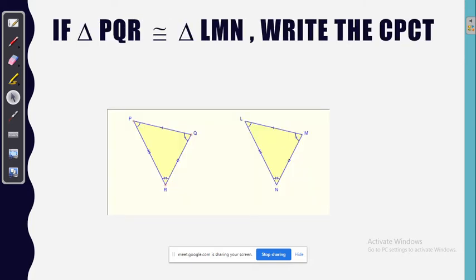Now, the next question: if triangle PQR is congruent to triangle LMN, write the corresponding parts of congruent triangles. So, I would like to have all the corresponding angles here. Supraja, can you tell me one pair of corresponding angles?